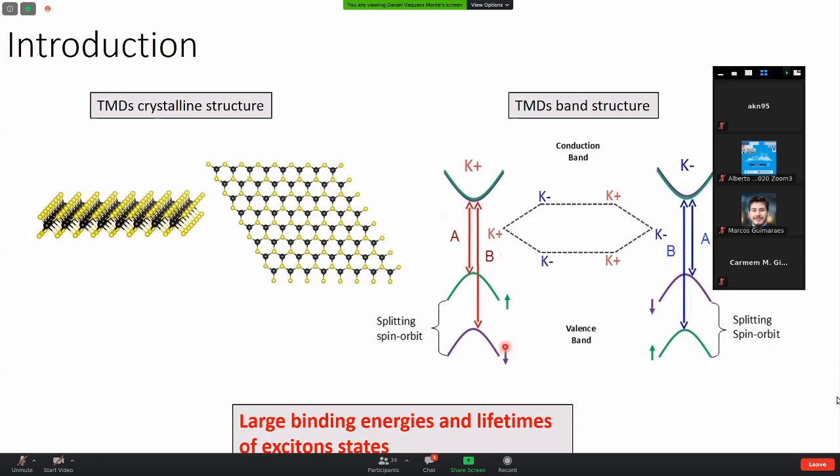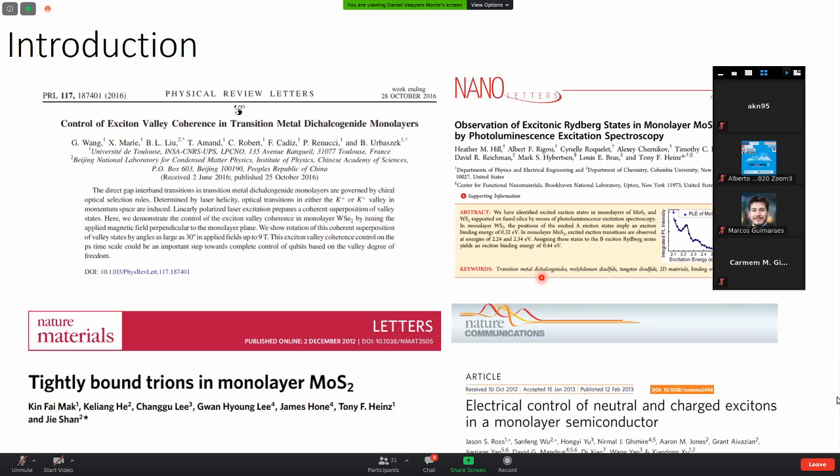This splitting in the valence band is due to the strong spin-orbit interaction that these materials have. And these 2 optical transitions give us 2 excitonic transitions that are depicted here as the A transition and the B transition. So these TMDs are very interesting to study exciton physics, also because they have large binding energies and lifetimes of the exciton states. And there are many works in the literature studying this phenomenon.